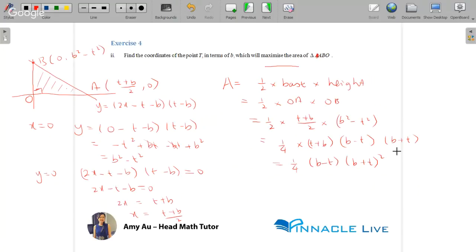All right, so this is not exactly the easiest thing to work with, but we'll then need to differentiate it and go through your typical steps for maximizing an area. So what I'm going to do is fully expand this so that it's easier for us to work with. And then expand it again.